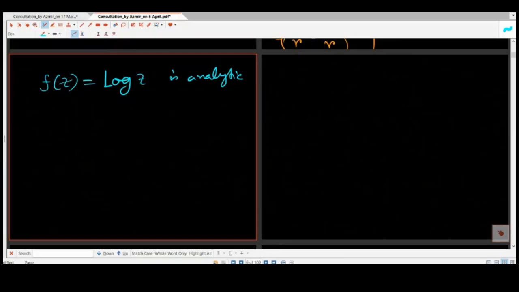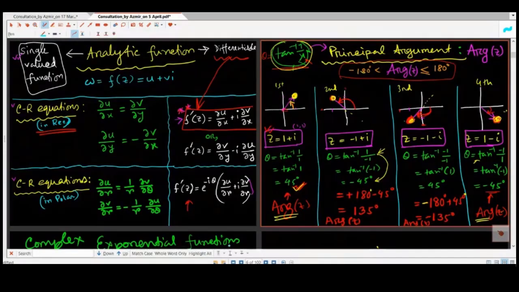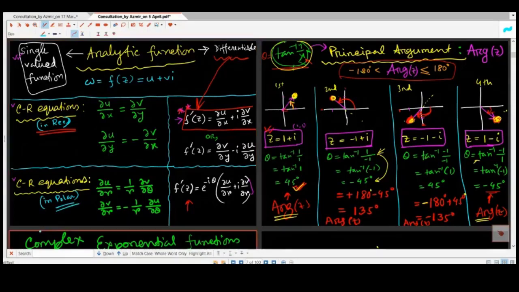We have learned this concept earlier: if a single valued function is analytic, then it is differentiable, and we can apply this formula, since we have used polar form to evaluate the first derivative.